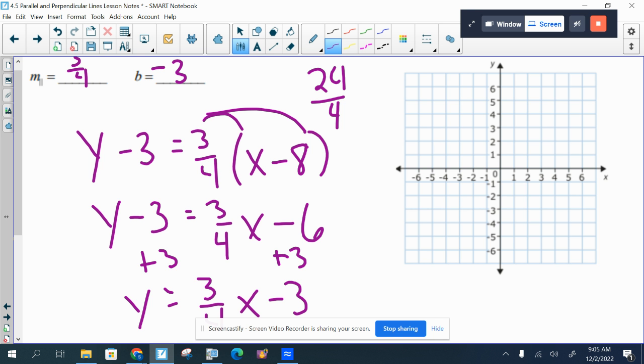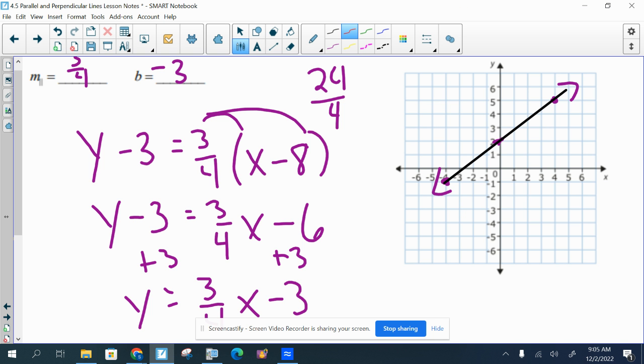And we're going to graph the original line and the line parallel to it. So the original line has a y-intercept of 2 and a slope of 3/4. So we can go up 3 over 4 and down 3 over 4. And our new line has a y-intercept of -3 and the same slope.